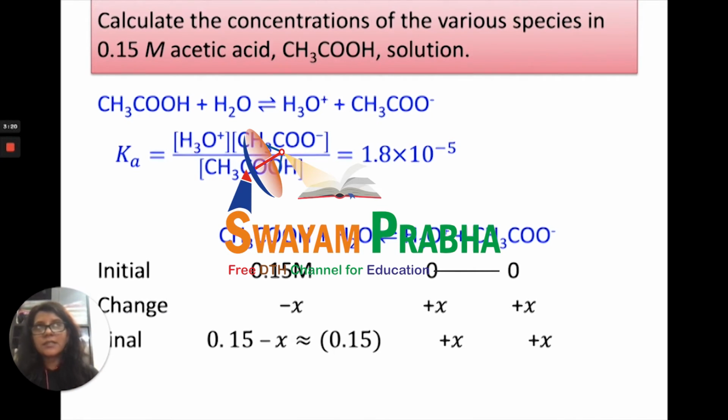Please understand, when you solve it quadratically and when you solve it just simply by neglecting the x in the denominator, if the Ka value is 10 to the power minus 5 or less, then the difference between solving exactly using quadratic expression and solving by neglecting the x in the denominator is very little. So you can simply ignore and you have that liberty.